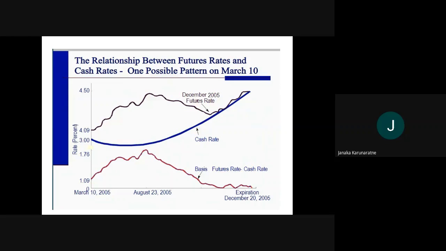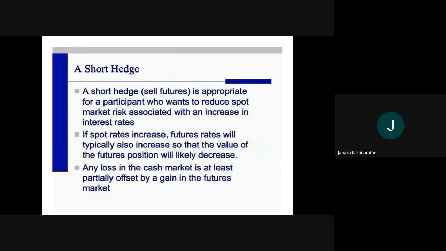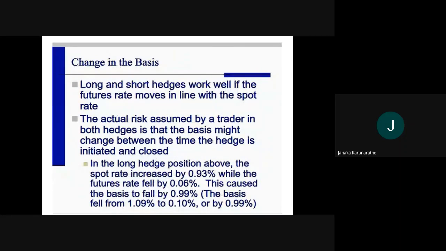If the basis remains at a constant level without significant fluctuations, then there is a better chance of minimizing the risk to a great extent. In the long hedge position, we looked at the spot rate increasing by 0.93% while the futures rate fell by 0.06%. This caused the basis to fall by 0.99. That's in the previous example of the long hedge.